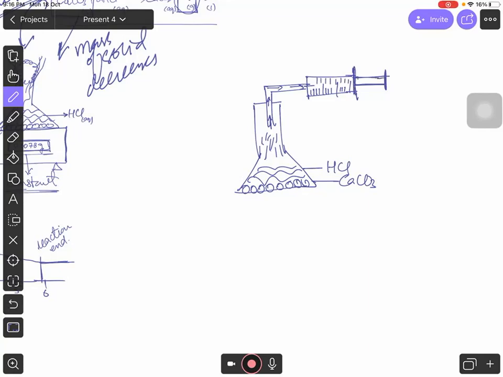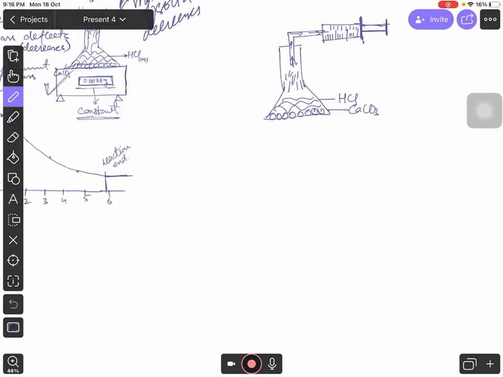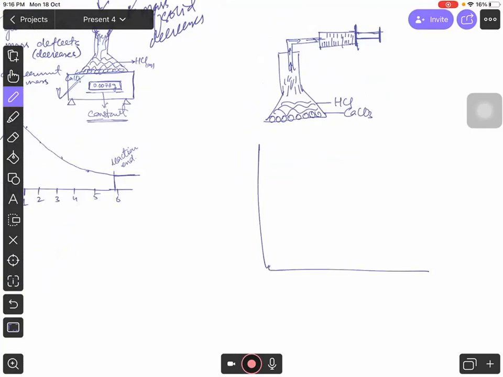Okay, so in this way you can find out the gas produced, you can find out the volume of gas, you can find out the value of carbon dioxide after every second or after every minute. Whatever you need to find out, you can use whatever scale you want to use over here.